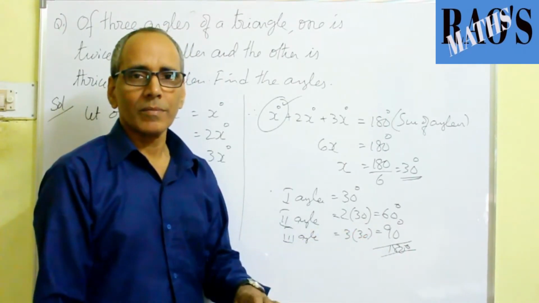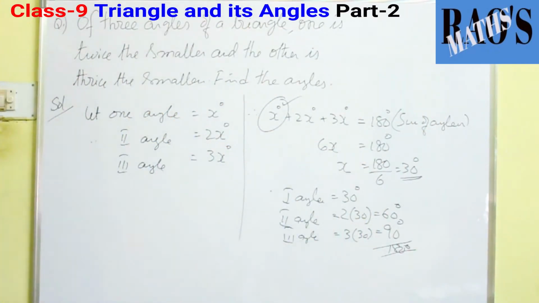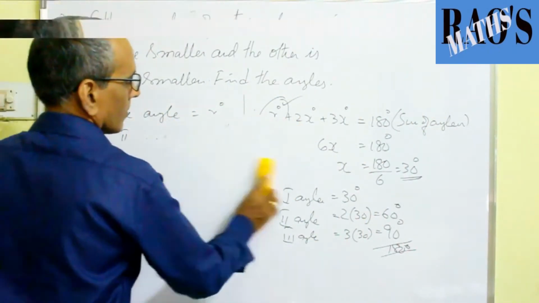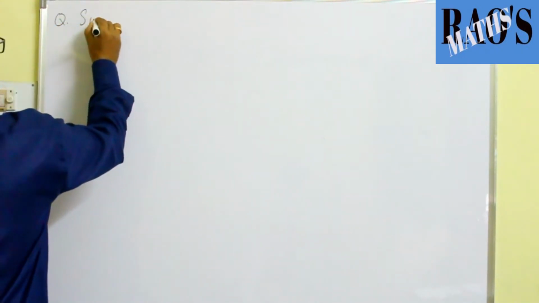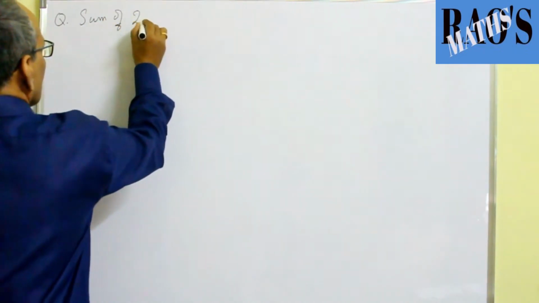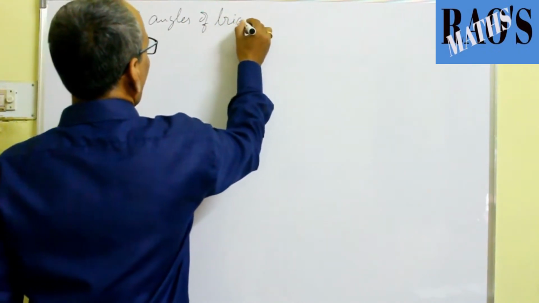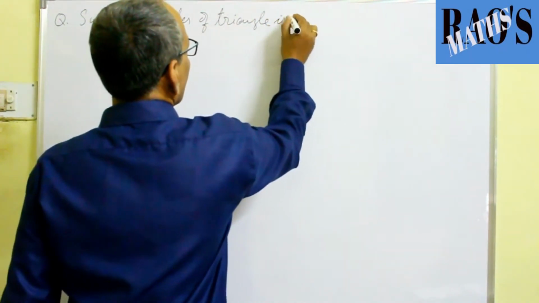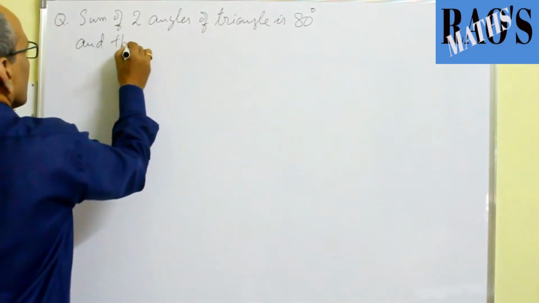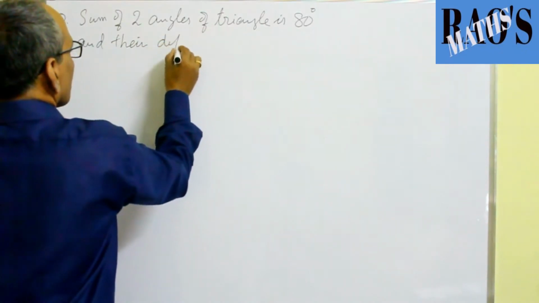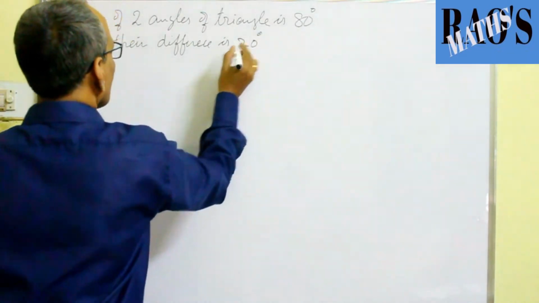This is one level. See the next question. Question 3: the sum of two angles of a triangle is 80 degrees and their difference is 20 degrees.